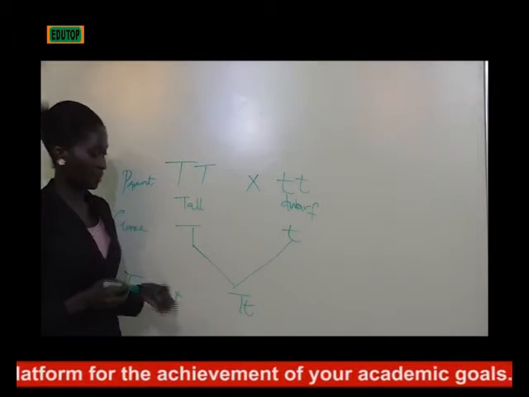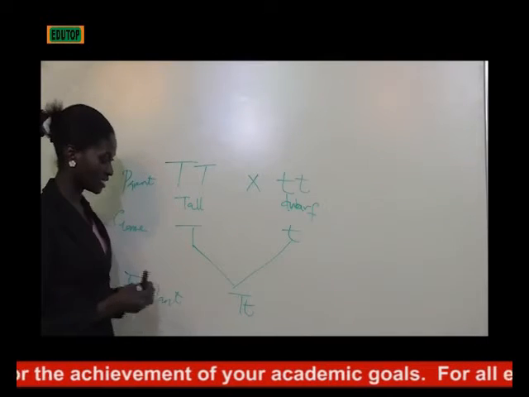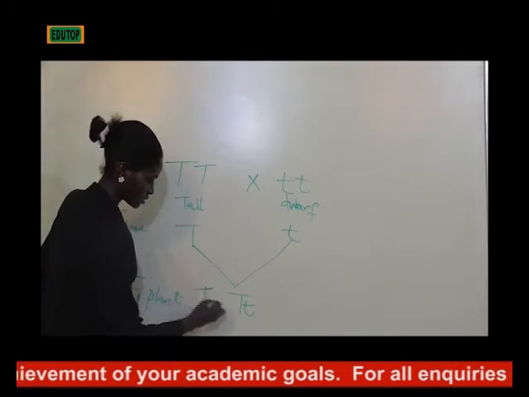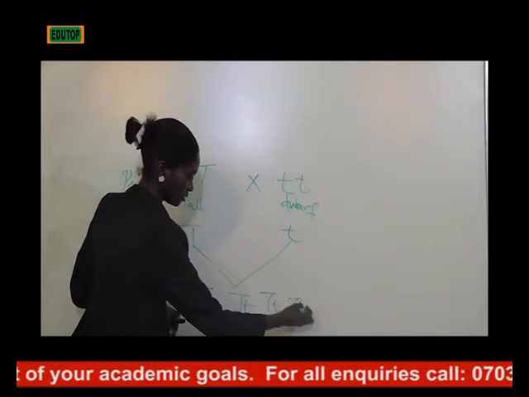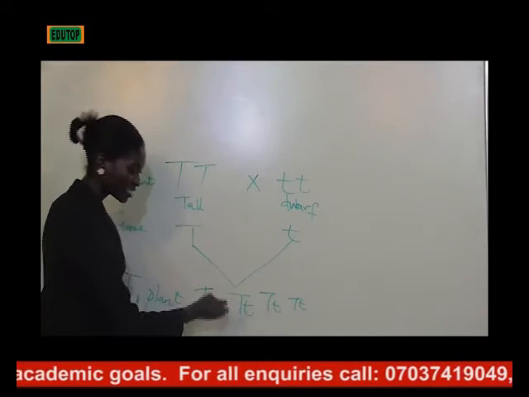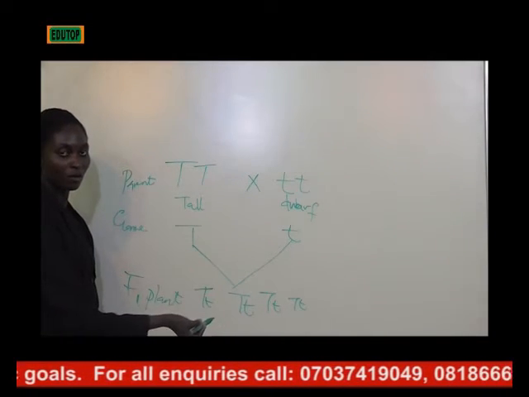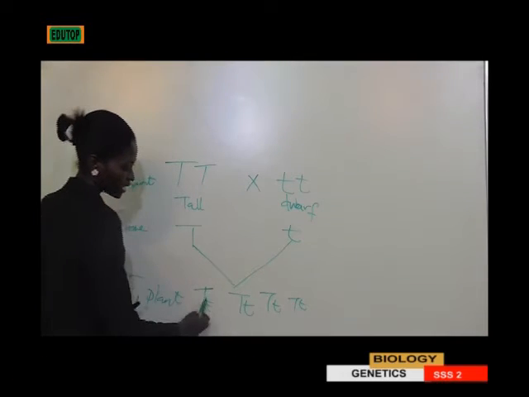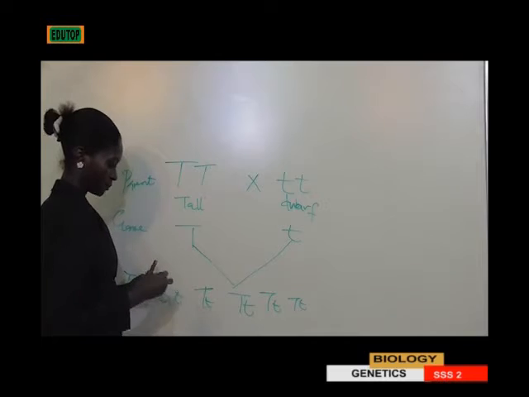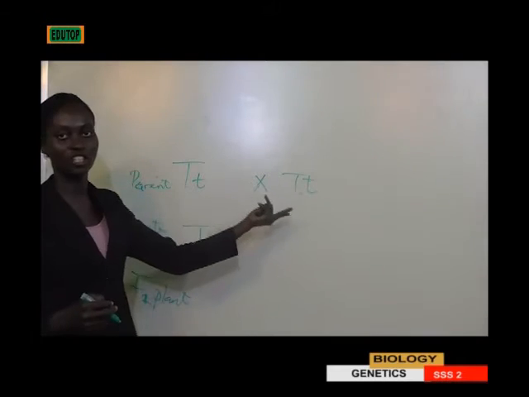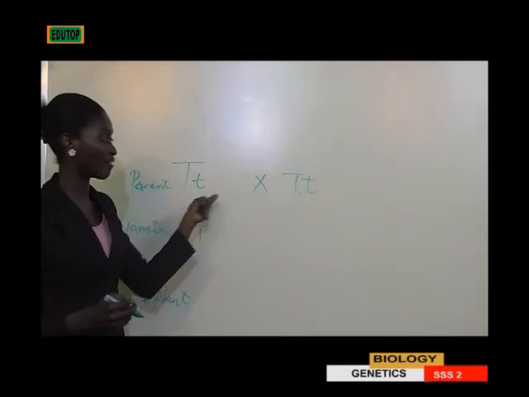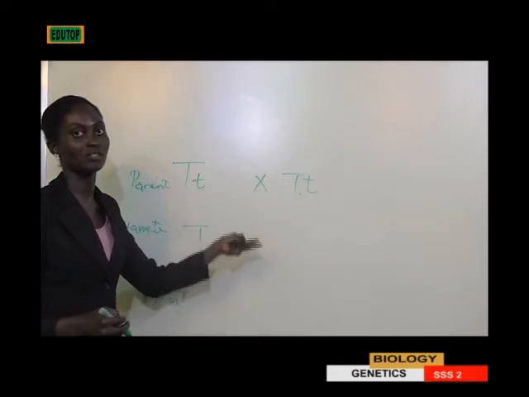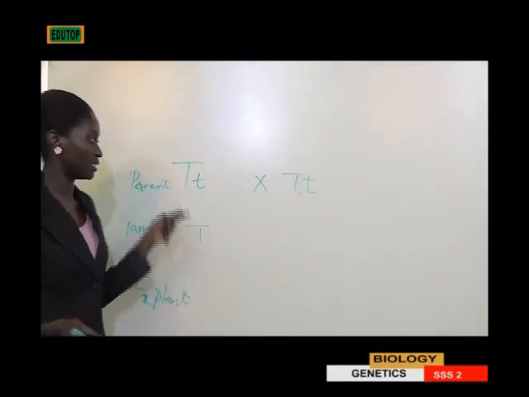Now, by the time he crossed these ones, since they are all tall, he did a self-crossing or self-pollination of this plant, bringing two of them together. Okay, so this is the second generation, the resultant. This is the F1 plant. After the crossing of the tall plant and the dwarf plant, this is the resultant.